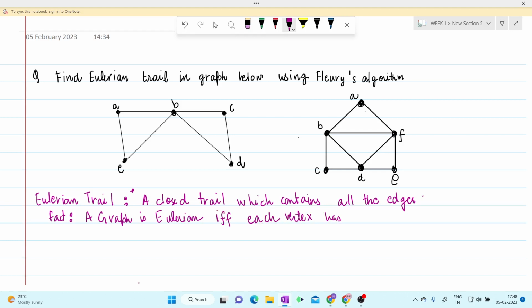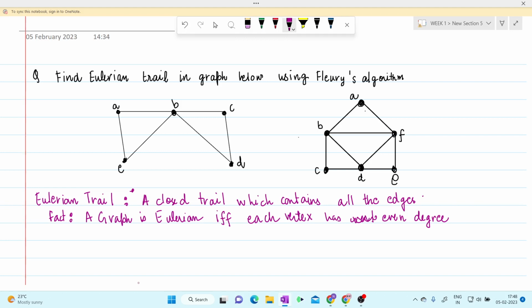In the lectures, we saw the proof of this theorem. To show one direction of this theorem, that if each vertex has even degree the graph is Eulerian, the proof uses Fleury's algorithm.